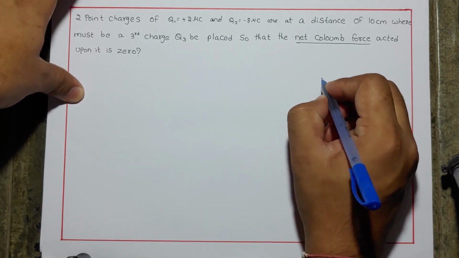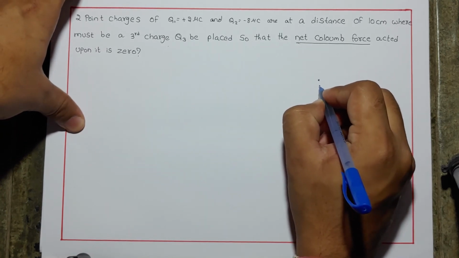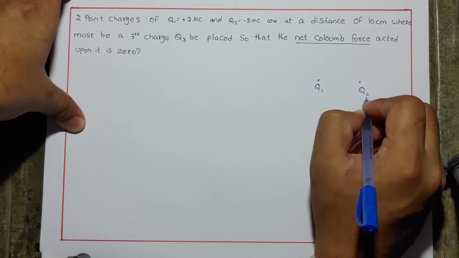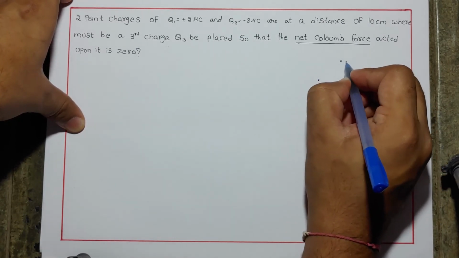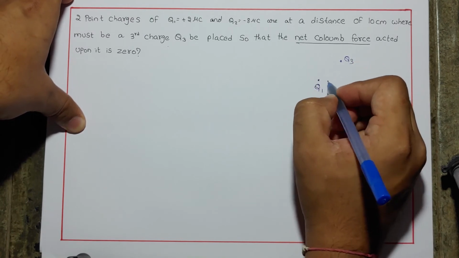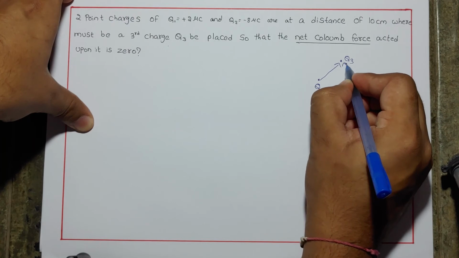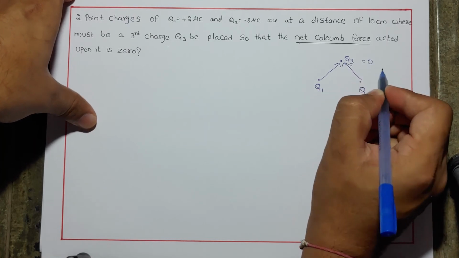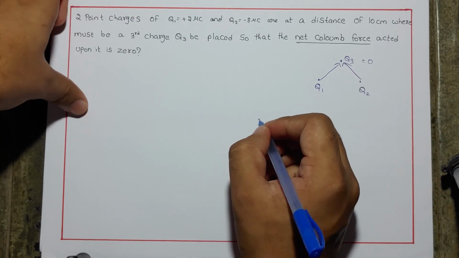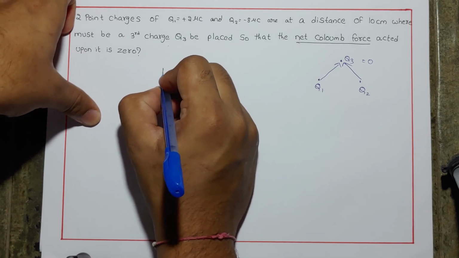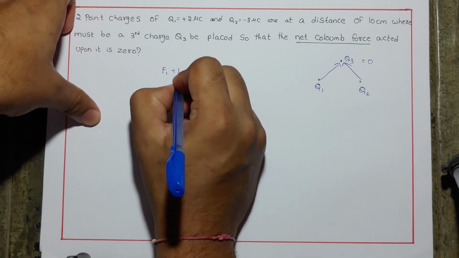That is, here a charge Q1 and a charge Q2. Where should a charge Q3 be placed so that the net force acting upon Q3 would be equal to 0? We know that net force is equal to F1 plus F2.